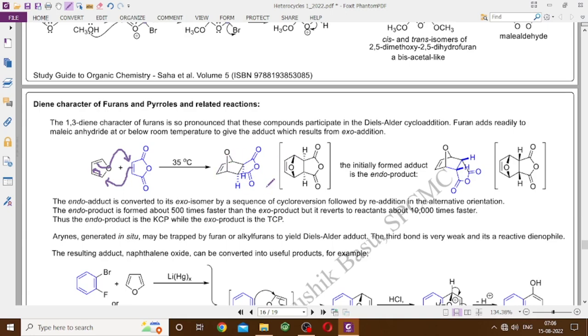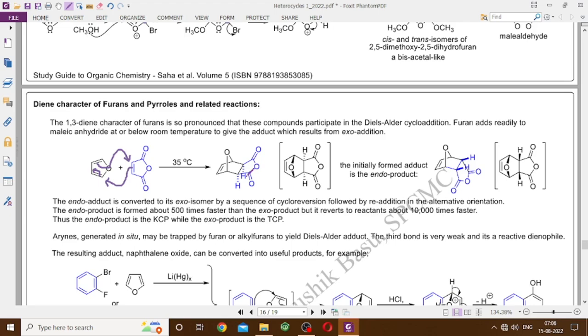That's the exo product. Or the maleic anhydride part will be trans to the oxo bridge and cis to the unsaturated bridge, and the hydrogens will be cis to the oxo bridge, and that is the endo product.